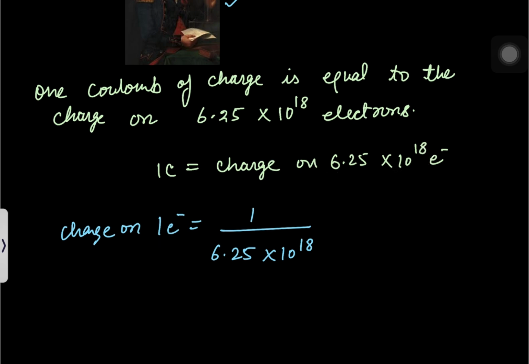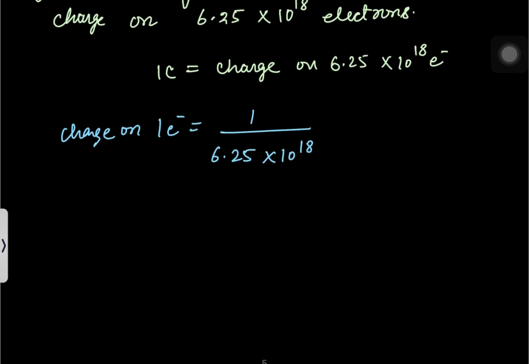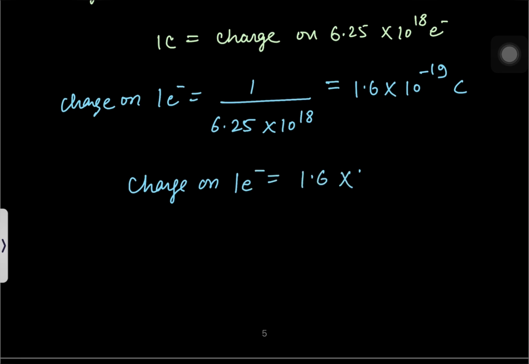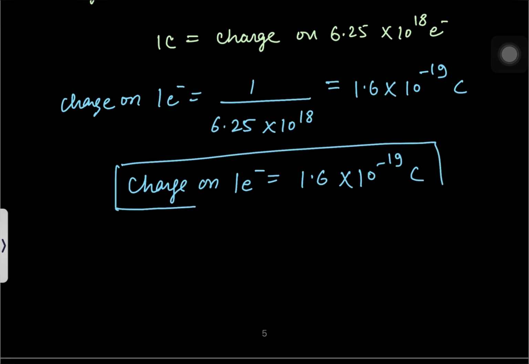Now we need to solve it. You can see the method of solving here. On division, we will get the charge on 1 electron is equal to 1.6 into 10 to the power minus 19 coulomb. So this is the charge on 1 electron.